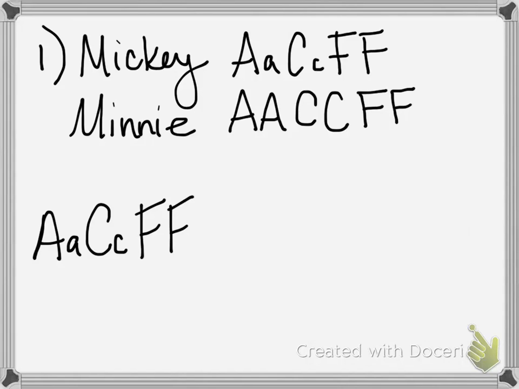You still draw a Punnett square, but you're going to list the gametes. So we go back to the first part of the question, and the gamete that Minnie produces is big A, big C, big F. The possible gametes that Mickey produces, you list at the top.